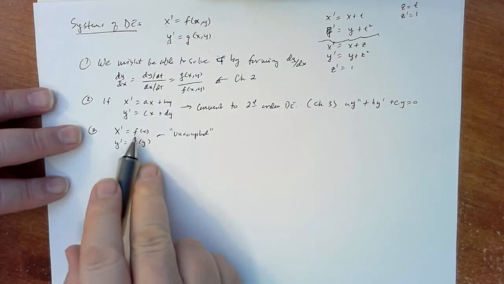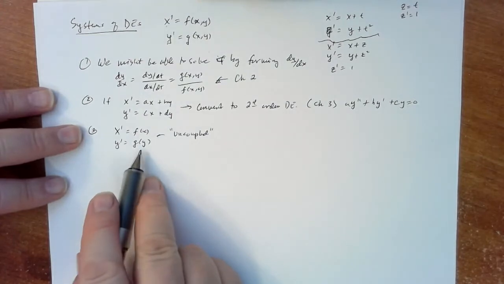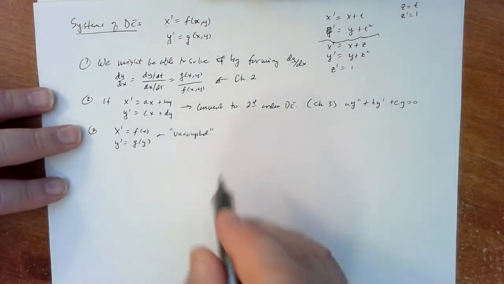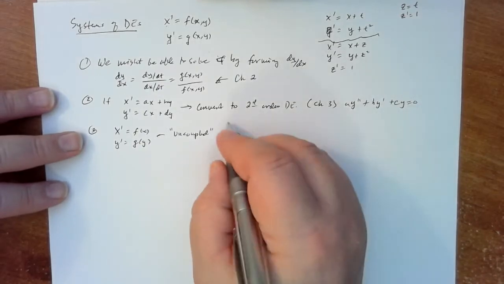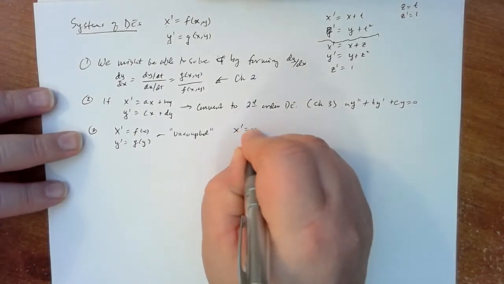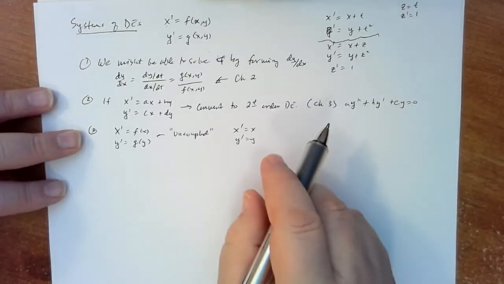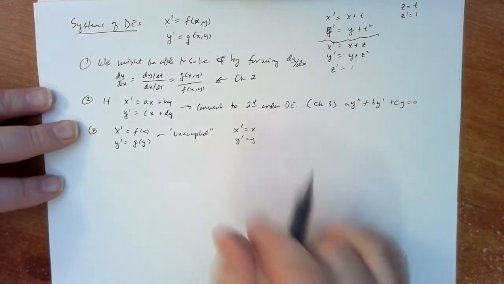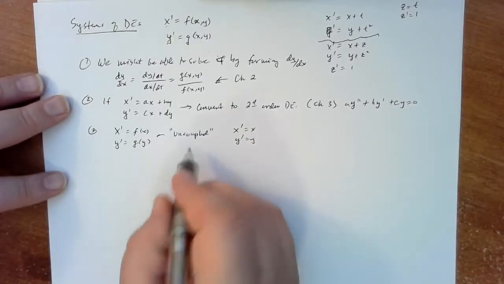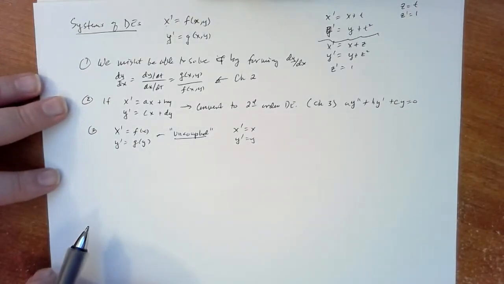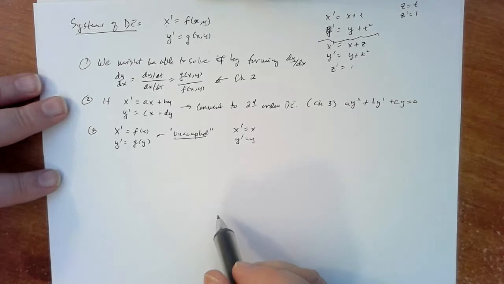And so you could just go through and solve each of those separately, and then just put them together as a system. So just for a quick example, x prime equals x, y prime equals y. These are two separable differential equations that we could solve. So uncoupled differential equations we can solve pretty much right off the bat.